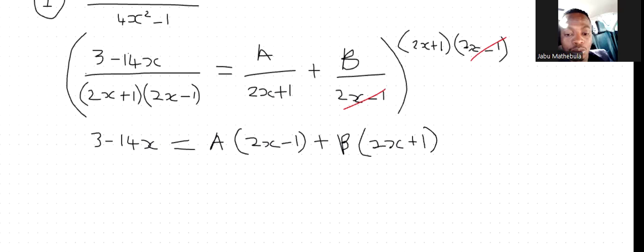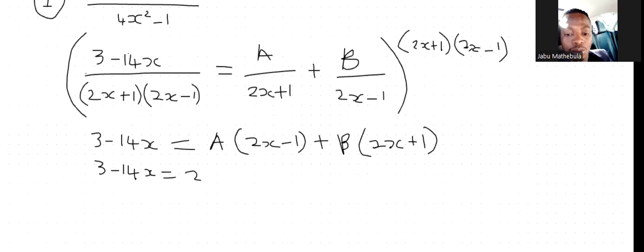All right. Now, what we can do now is to just multiply throughout. So let's rewrite. A times 2x is 2ax.